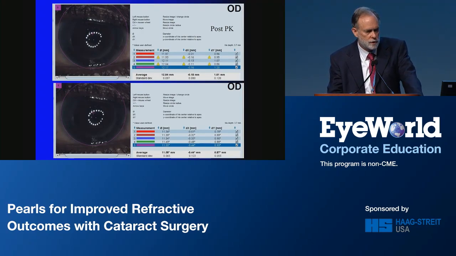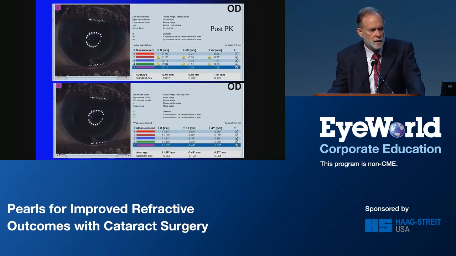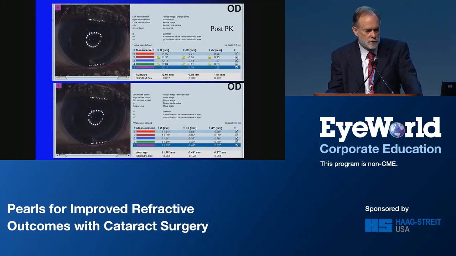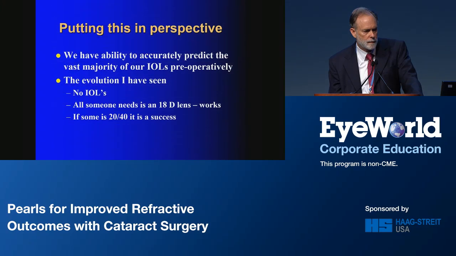And if you look at the 2 pictures, the upper one is before they repositioned it, and then they repositioned it down below. And so with a lot of abnormal eyes that make the readings difficult, this has been helpful for us to just make things for our calculations a little bit more accurate.